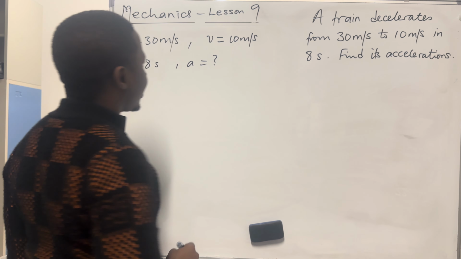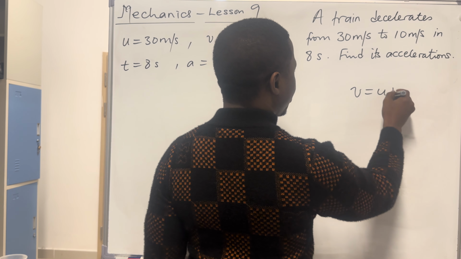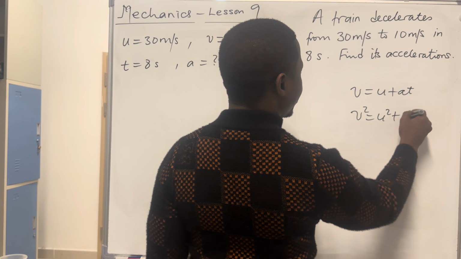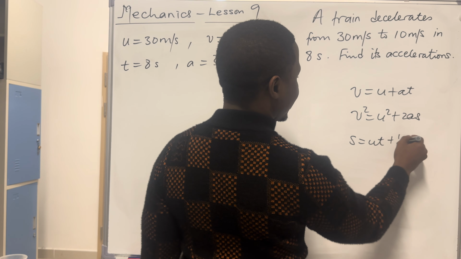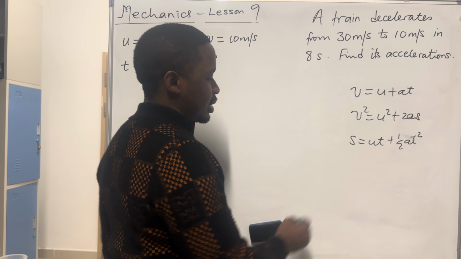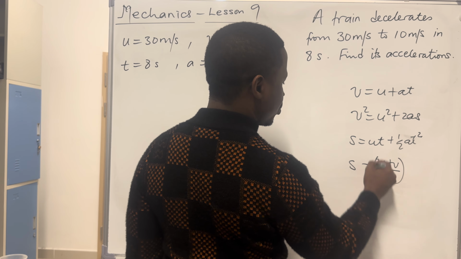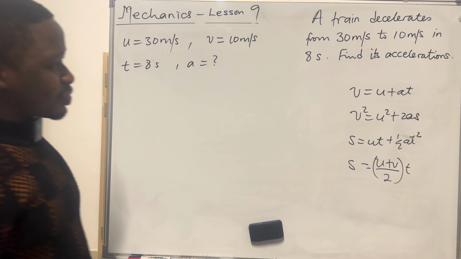Acceleration. We have v equal to u plus at, v squared equals u squared plus 2as, s equals ut plus half at squared, and s equals u plus v over 2 multiplied by the time. We want to find a.